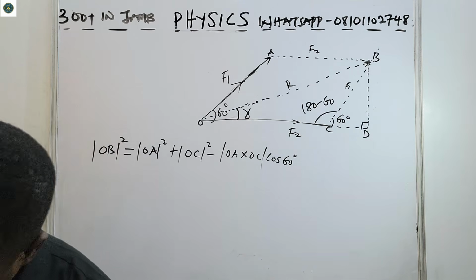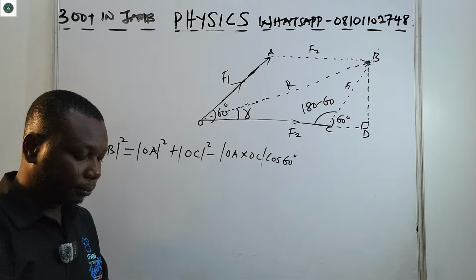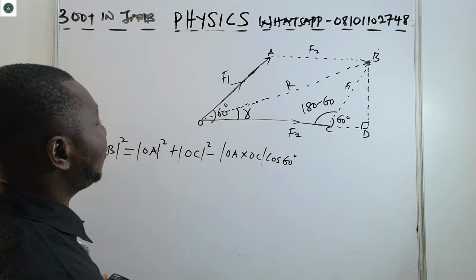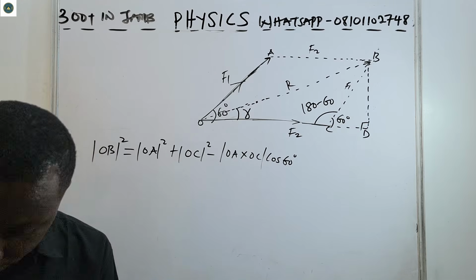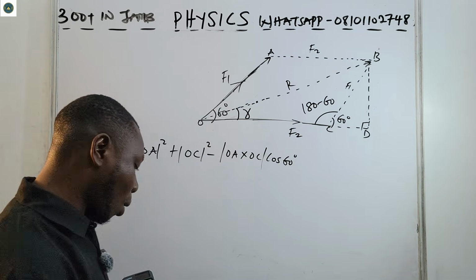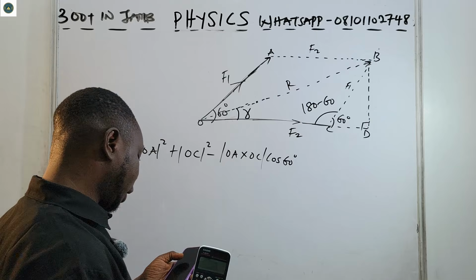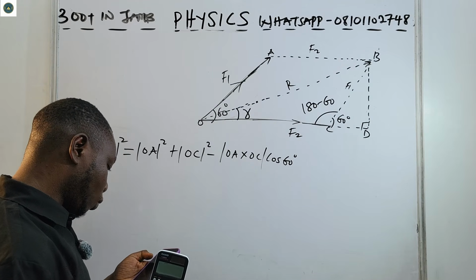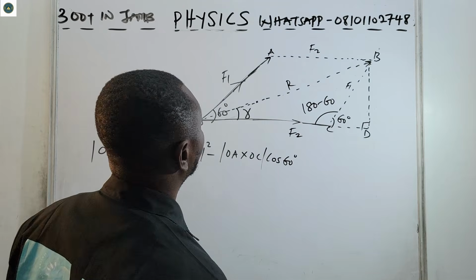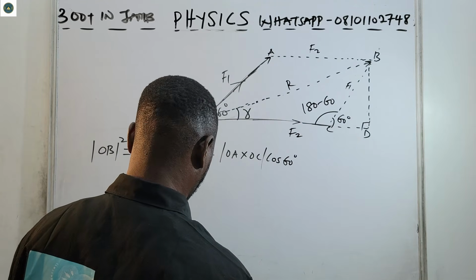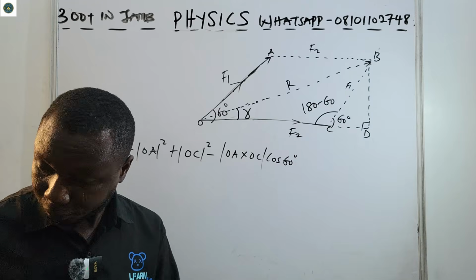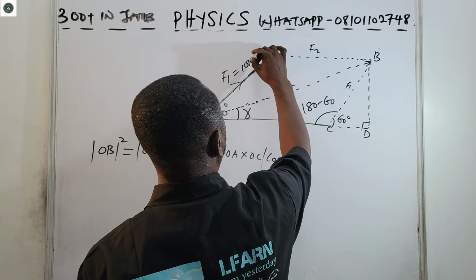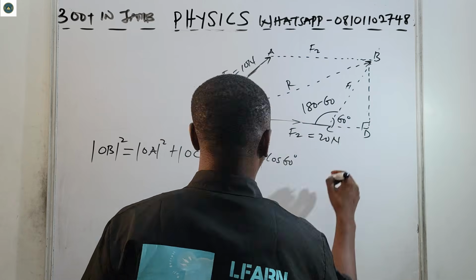Okay. Use our calc. All right. Now, F1 from the question, F1 is 20 Newton and F2 is 20 Newton. Okay. So this is 10 Newton, while this one is 20 Newton.